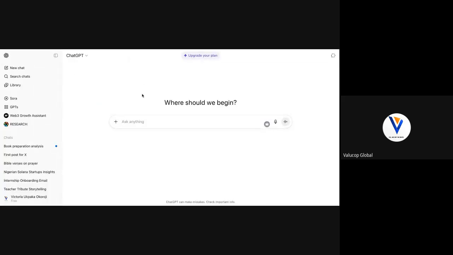So this is ChatGPT. You type: explain proof of stake consensus mechanism like I am a newbie, use analogies if possible, simplify it.